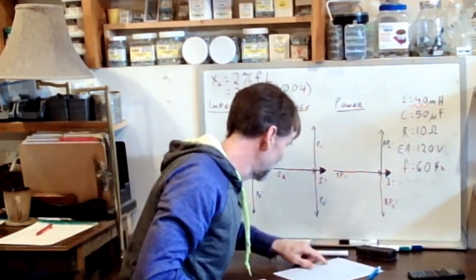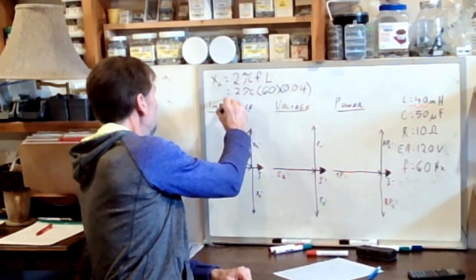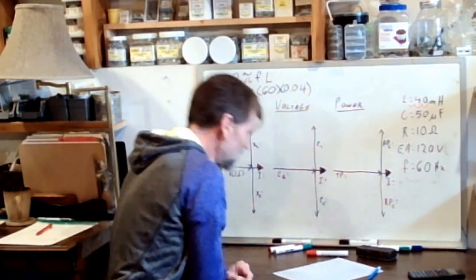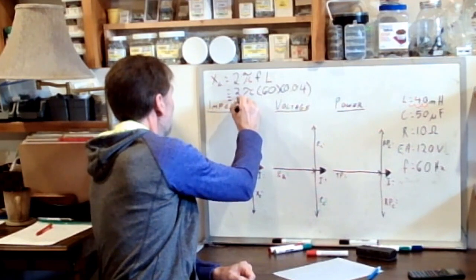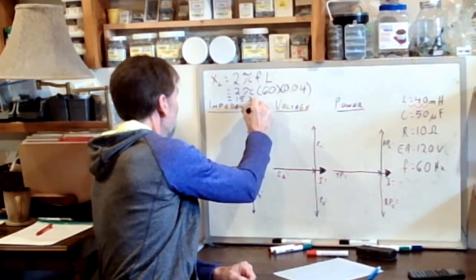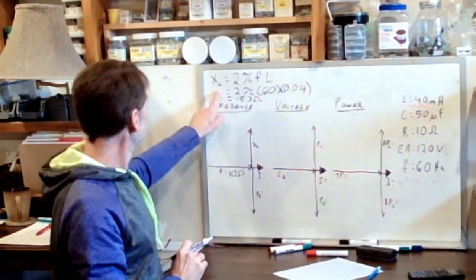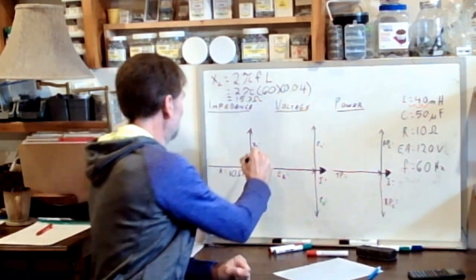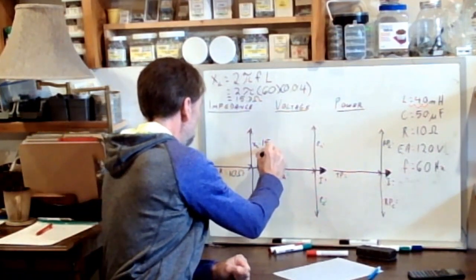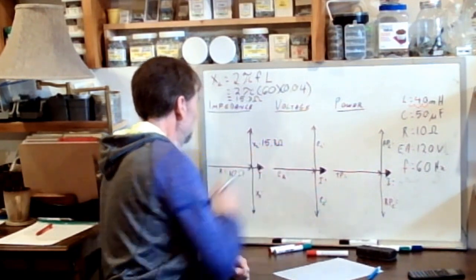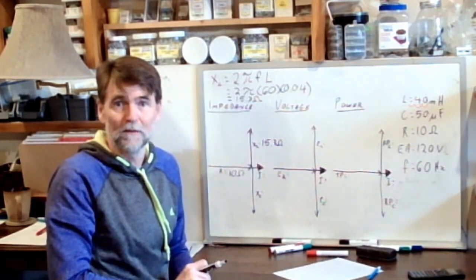And I've already calculated that ahead of time. That means that XL equals 15.3 ohms. There it is right there.